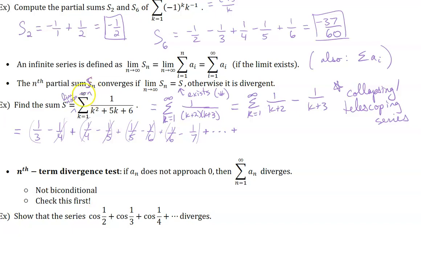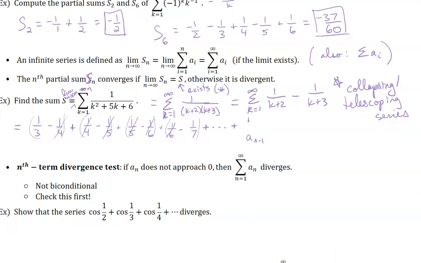So a sub n minus 1 would be 1 over, plugging in n minus 1 here, n minus 1 plus 2 is just n plus 1, minus 1 over n plus 2. And then the very last term is going to be 1 over n plus 2 minus 1 over n plus 3.